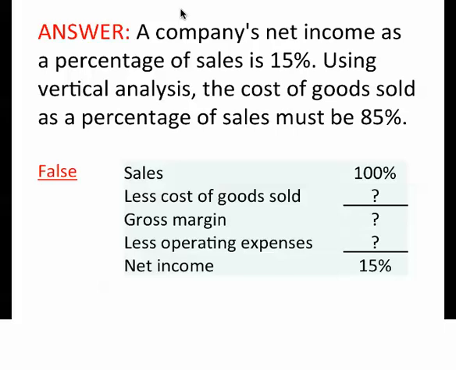No, because if you have anything in operating expenses, cost of goods sold cannot be 85%. The only time cost of goods sold is going to be 85% here is if you have no operating expenses, which isn't very realistic anyway. So this question is false because you can have other expenses other than cost of goods sold. Okay?